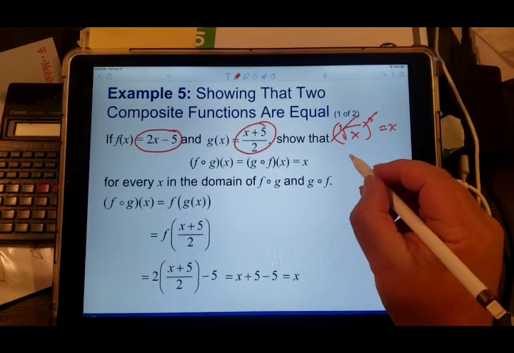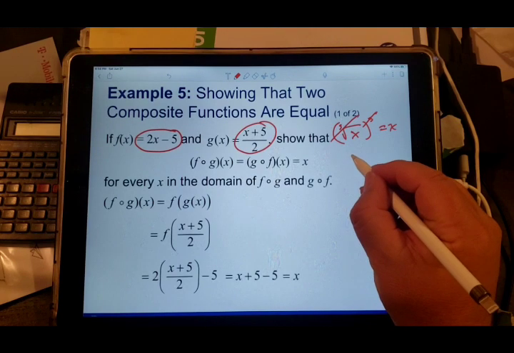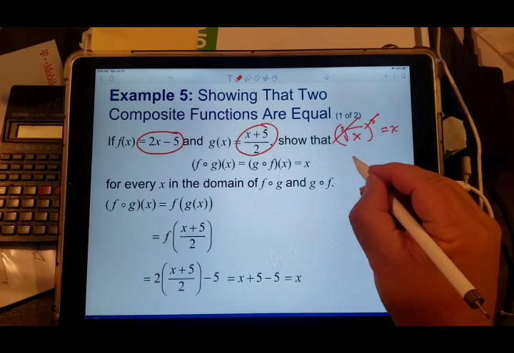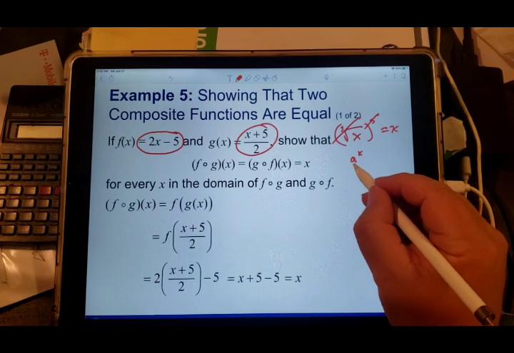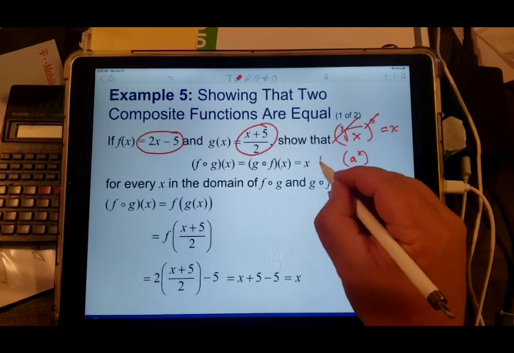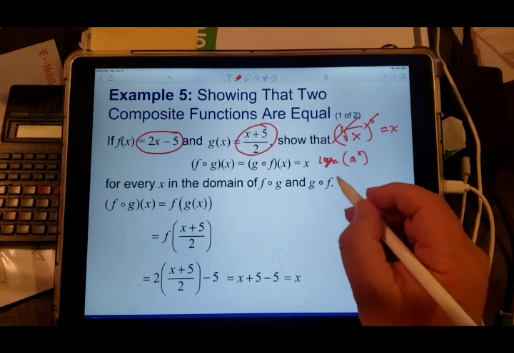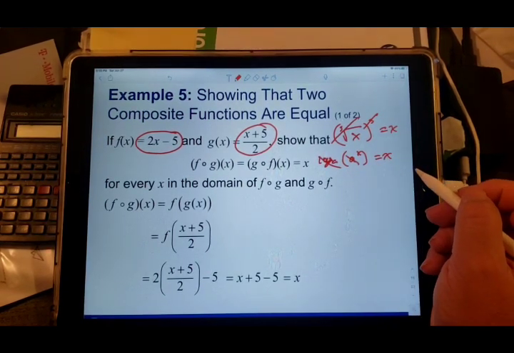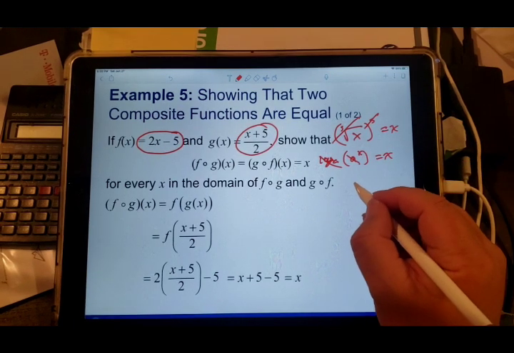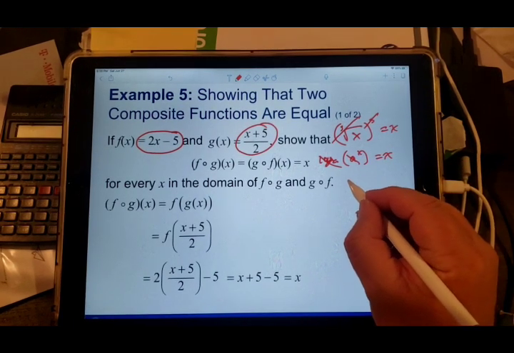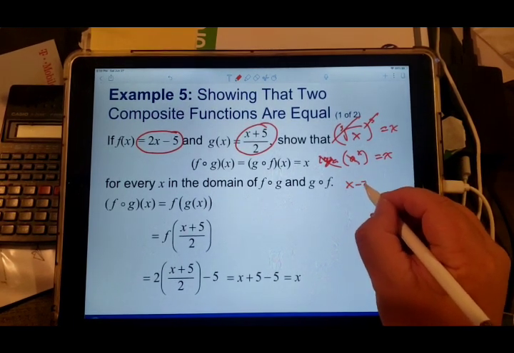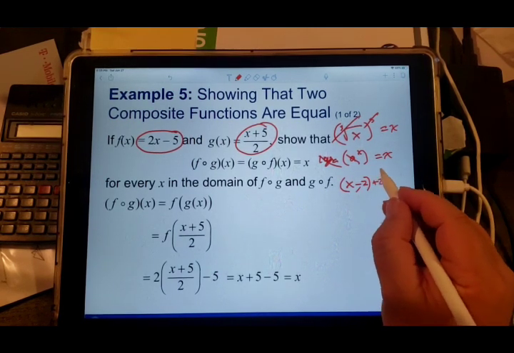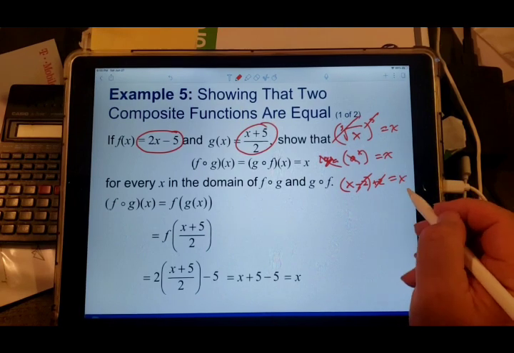Think of a number, well, the whole reason why we're here in this section, a to the x, and take log base a of that. Well, those will cancel and I'm just going to get x. You could even do this with take a number, x, subtract 2, and add 2. Well, those cancel, and you're just going to get x.